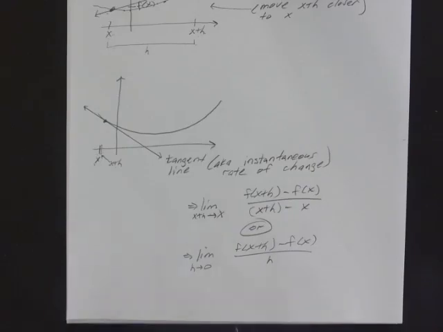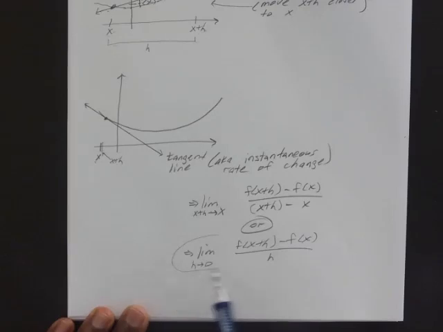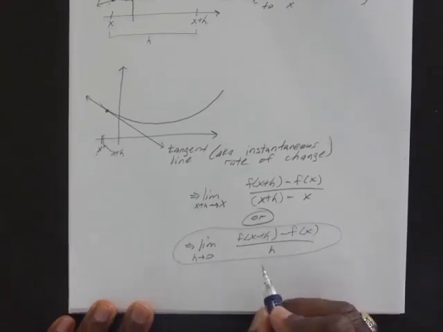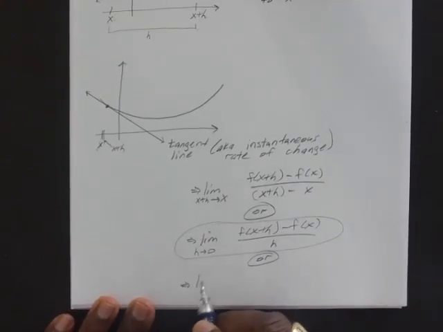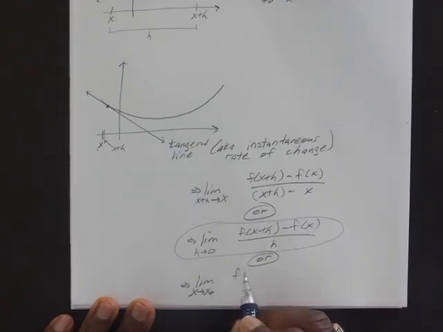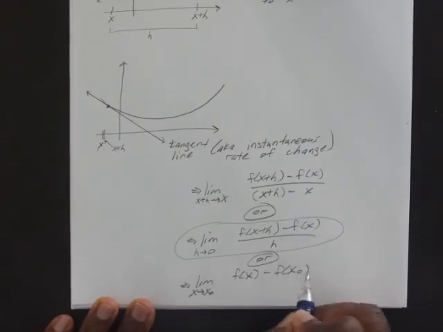Now, sometimes, depending on the notation or the problem you're solving, you could also write it as the limit as x approaches x sub 0 of f of x minus f of x sub 0 all over x minus x sub 0.